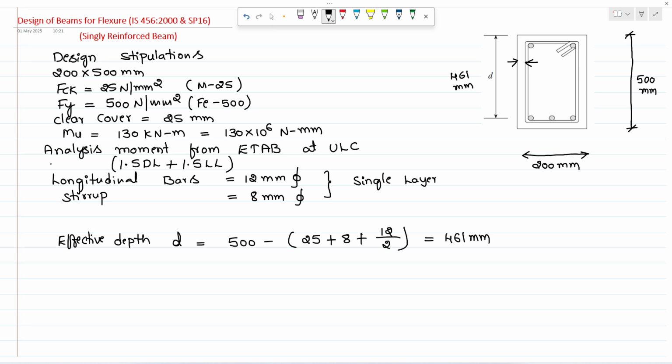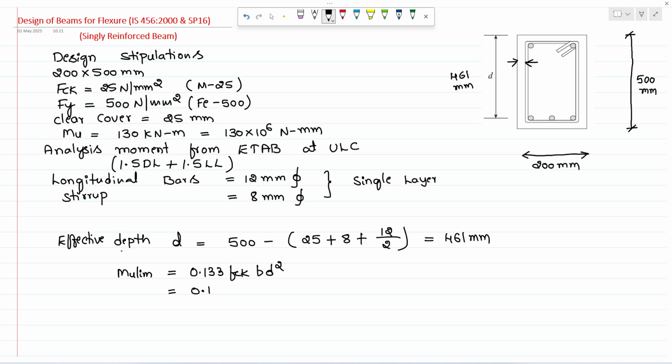Now let me calculate the moment capacity of the beam. It can be calculated as Mu limit equals 0.133 fck b d square.